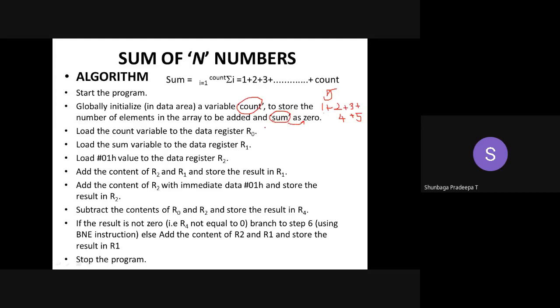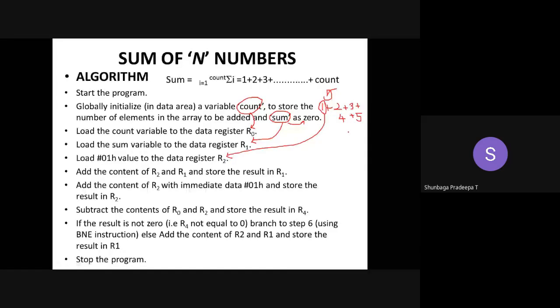Next, we load this count into the register R0 and this sum into another register R1. We have to increment, since it is all consecutive numbers. So we can have one register with the starting value and increment the values in order to get the second number, third number and so on. Let me initialize this R2 with 1.